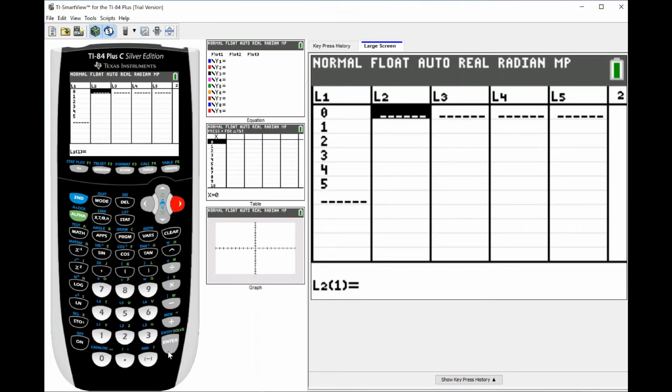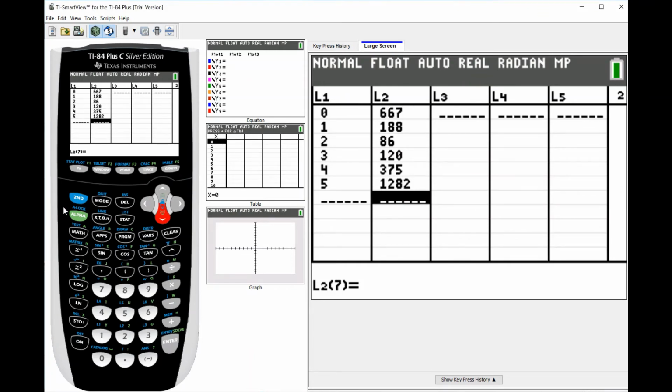My Y values are 667, 188, 86, 120, 375, 1282. So I've got my data entered into my list.